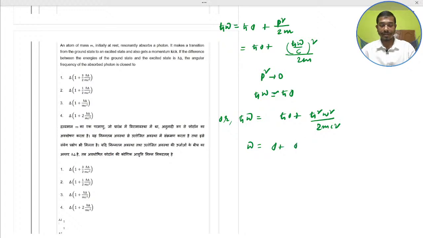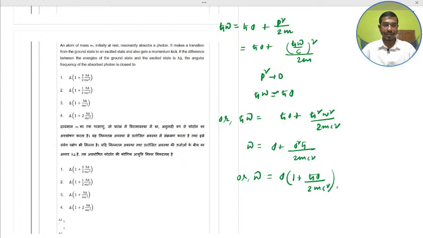Del plus del square h cross divided by 2mc square. Okay. So finally we would get the value of omega, that is del into 1 plus h cross del divided by 2mc square. So option 2 would be the correct: del into 1 plus h cross del by 2mc square.